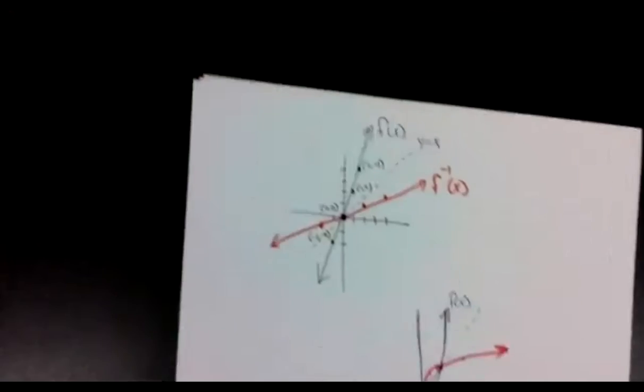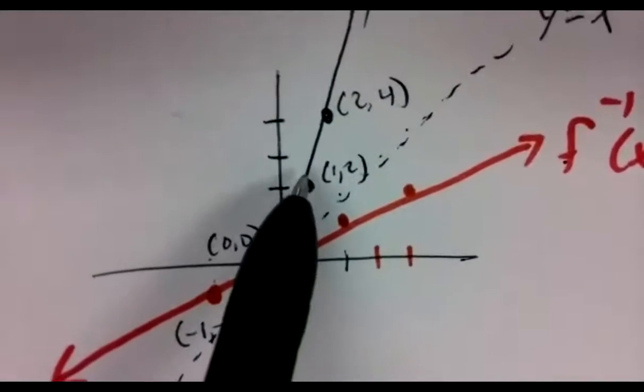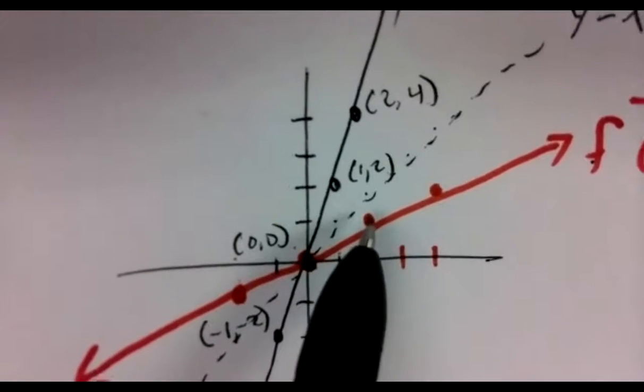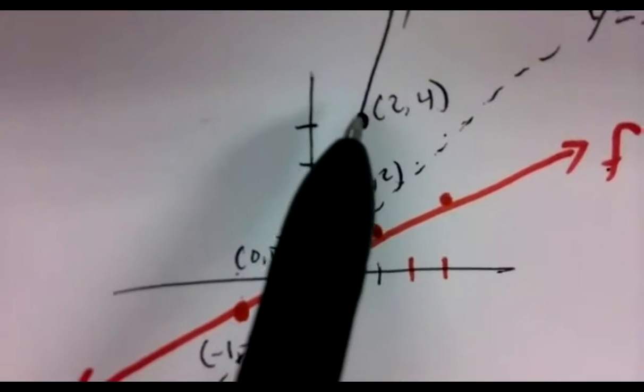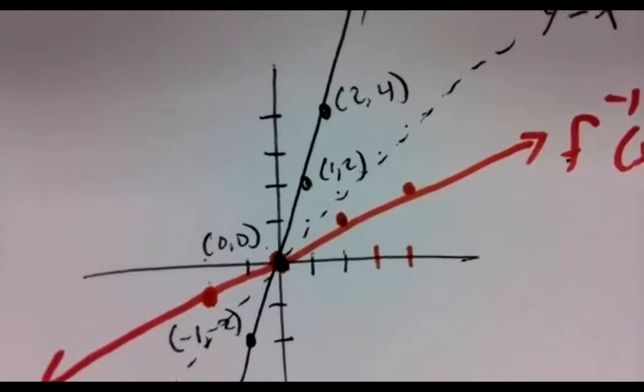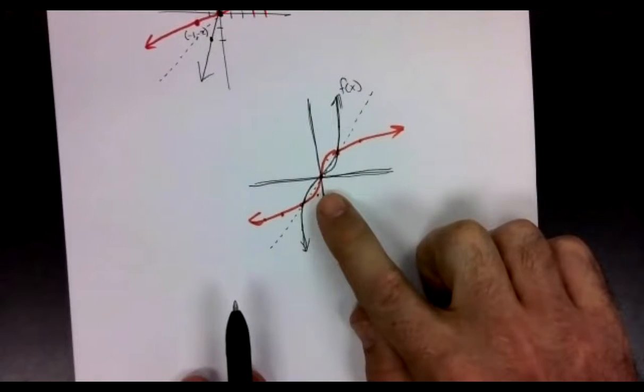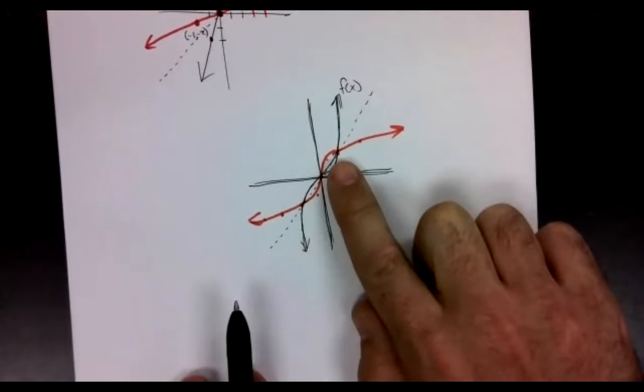So again, get up a little closer. So the point 1, 2 flips to become the point 2, 1. And again, individually, the point 2, 4 became 4, 2. So again, the inputs and the outputs just swap. Okay, like the very first example I showed you. And it's the same for this function, just there's fewer points that I can just point to.